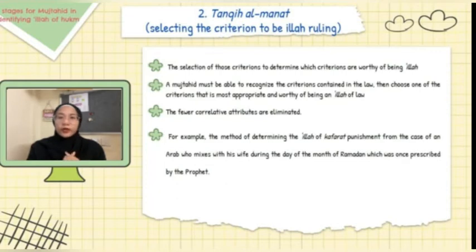The mujtahid must be able to recognize all the criteria contained, then choose only one criterion, the most appropriate and worthy to be an illah, while the weak correlative criteria are eliminated. The mujtahid establishes only one criterion as a legal illah.